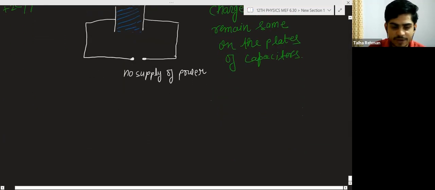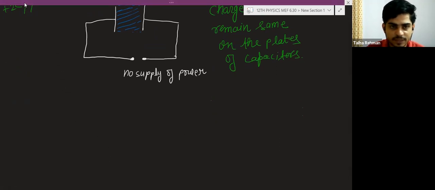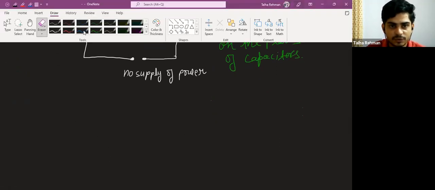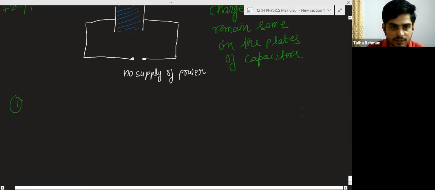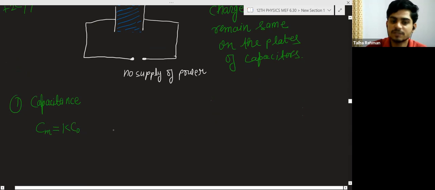And now if I want to calculate the capacitance for this case: whenever the dielectric is inserted, the capacitance is K times the capacitance in air. And C naught, we know the formula of C naught: epsilon 0 into area of plate divided by distance between plates.